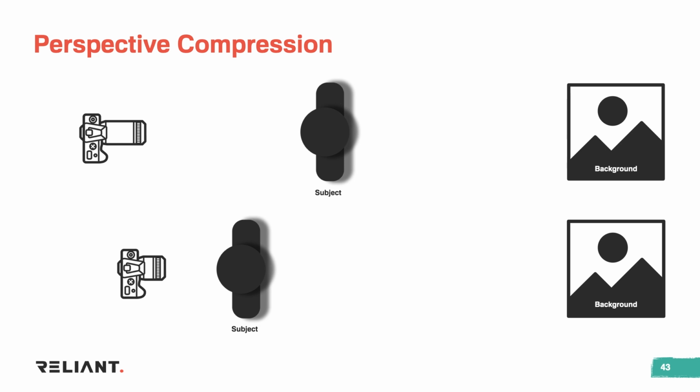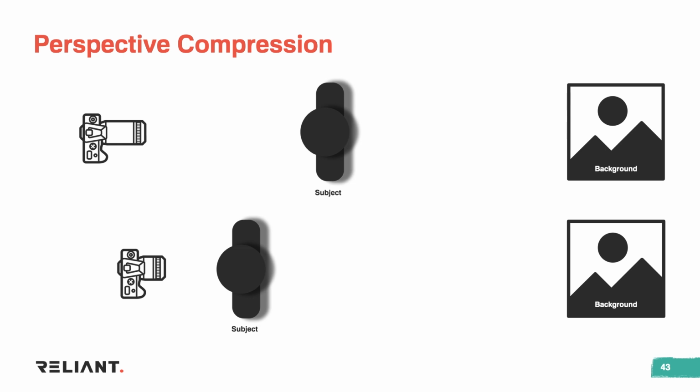And then another way to achieve this look is to make sure that your camera and your lens are close to your subject, as seen in this second option down on the bottom. Again, you want to make sure in this scenario that your subject is removed from the background. The farther your subject is from the background, the more intense the blurry background look will be.